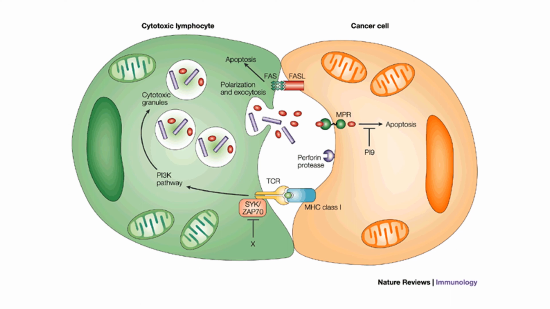In the picture you can see that after conjugate formation, CTL granules contain granzyme and perforin. These granules are bound to the site of interaction between killer and target cell via the activity of the microtubule organizing center, which I have discussed in my previous video on how a CTL kills the target cell.